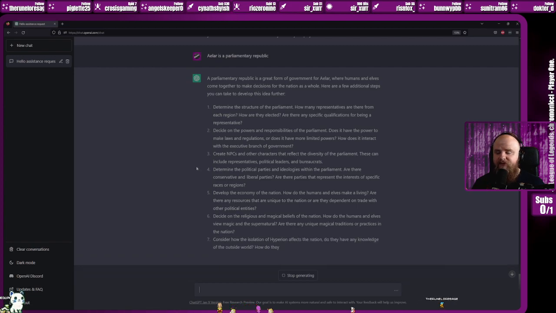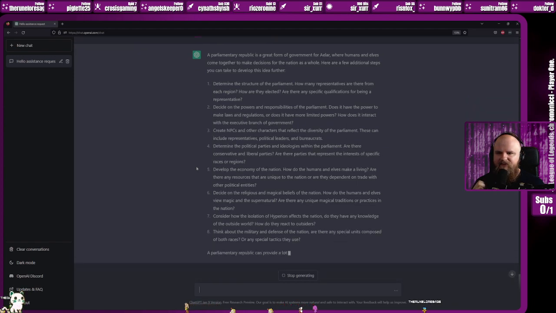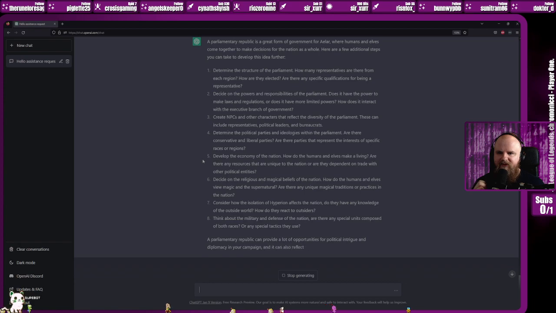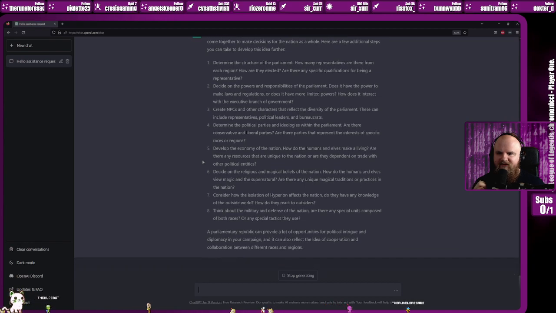Yeah, it can help you go real deep if you want. NPCs, political parties, develop the economy, religious and magic isolation, military, all of that. A parliament republic can provide a lot of opportunities for political intrigue and diplomacy in your campaign. Yep.